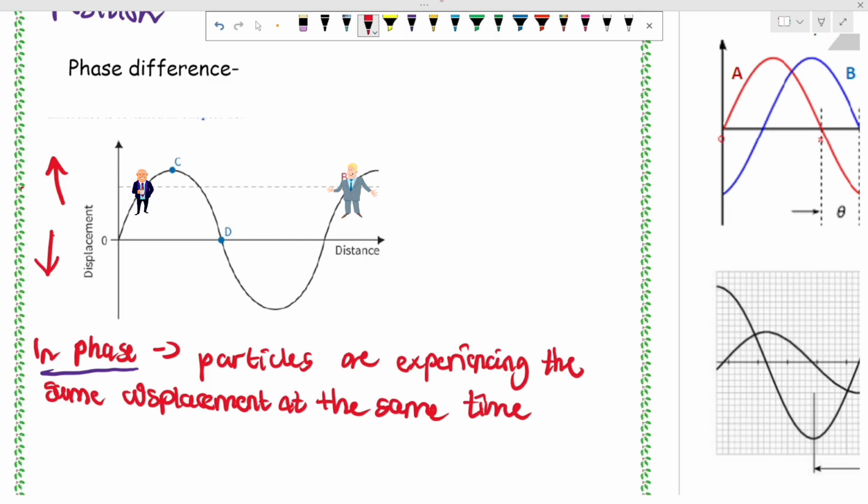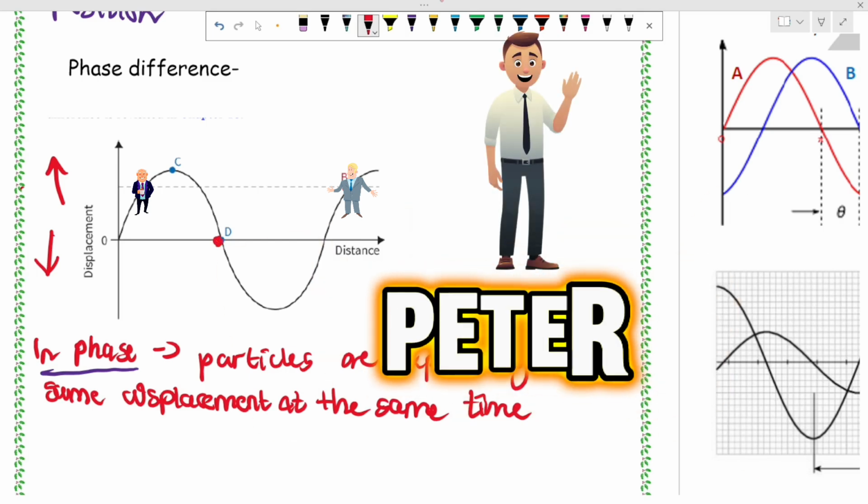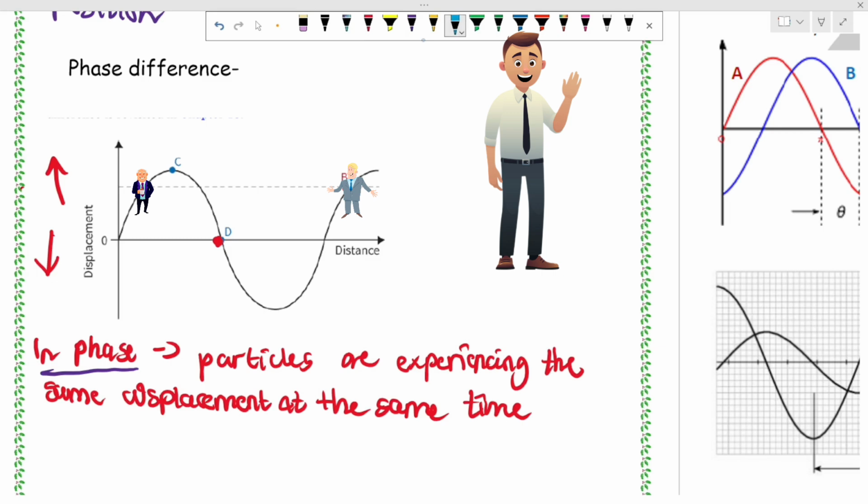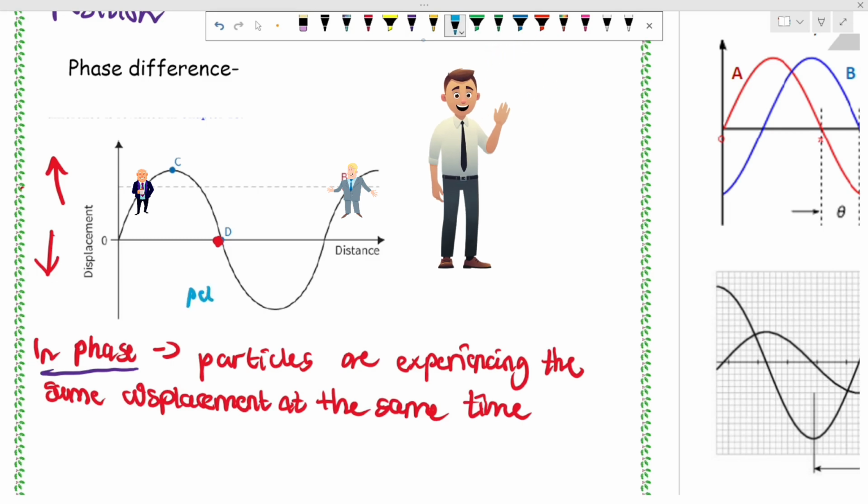But if they're out of phase, let's introduce a third guy, Peter, who isn't in phase with Dave and Joe. Those two are in phase, but Peter is out of phase with them.